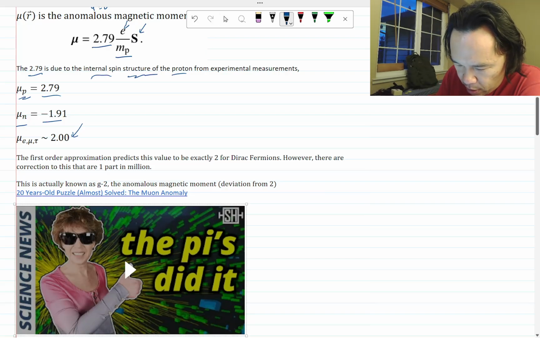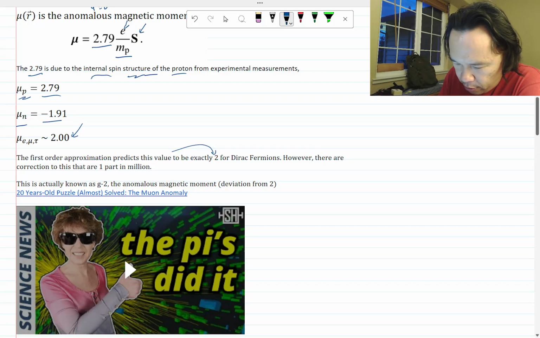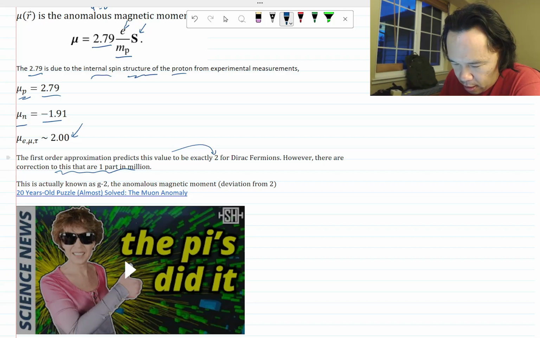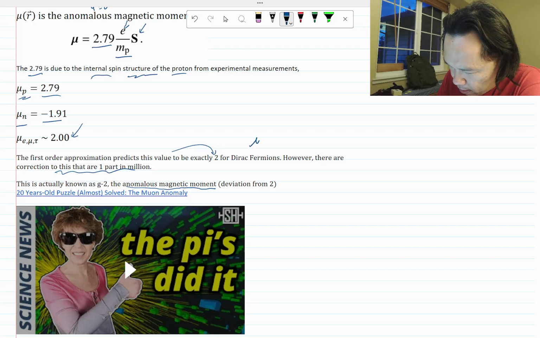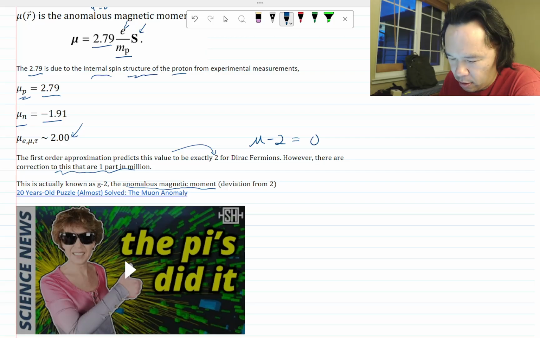So what happens is that when you do this in the first order approximation, you're going to get exactly 2. However, there are corrections to this on the order of 1 part per million. And this is actually known as the anomalous magnetic moment: how is this number different from 2? So usually people ask for, as opposed to mu, they want to get mu minus 2, so therefore it should be 0.